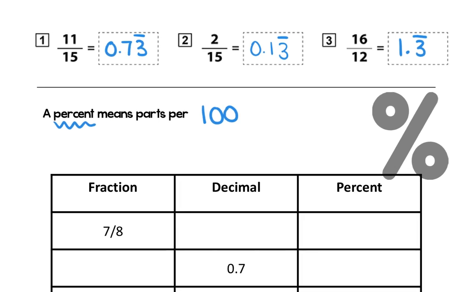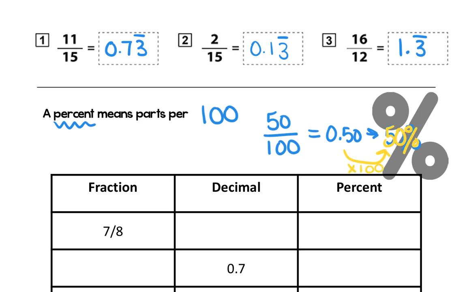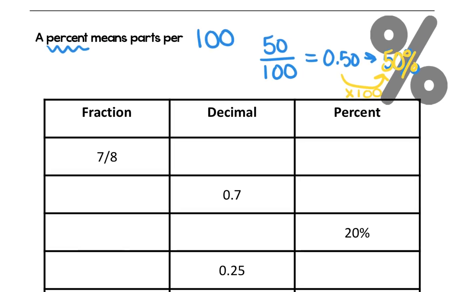So when I have 50 out of 100, then that means this is 0.50 or 50%. To take a decimal to a percent, we can multiply by 100. So let's practice some of these in this chart right here.